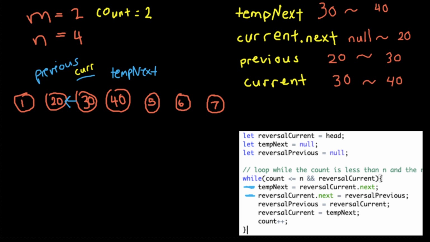And now you're at the previous, it's going to move up. So you're going to move up previous to here. Then you're going to move up current. So you cross that out. Current becomes temp next, right? 30 becomes 40.